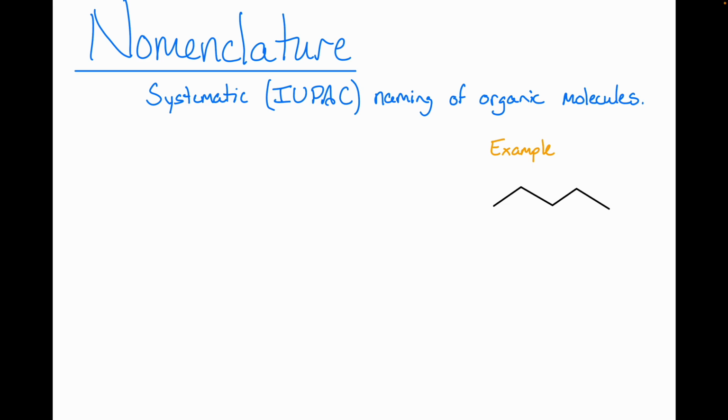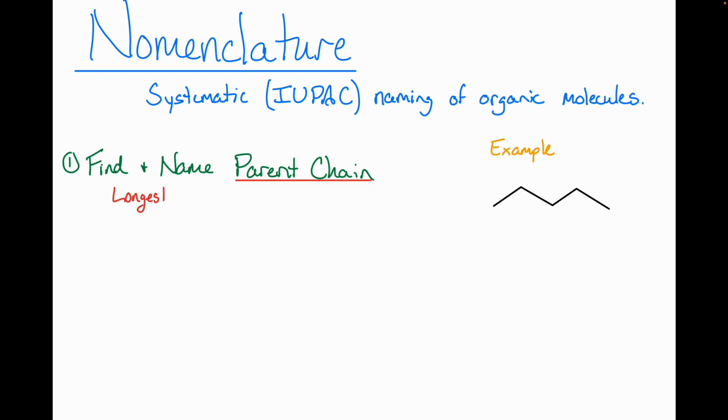All right, so step 1, we have to find and name what's called the parent chain. The parent chain in your molecule is the longest continuous set of carbons.